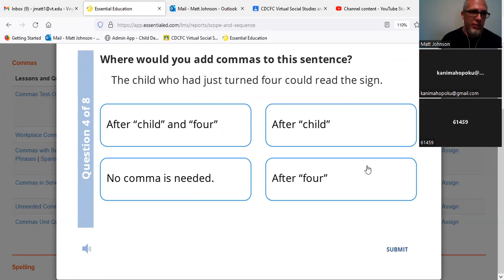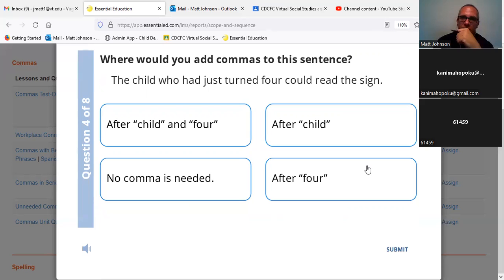So here, who, right? That might signal where we need to interrupt the idea. So who had just turned 4 is not essential to the idea of the sentence, right? I could just simply say the child could read the sign, right?